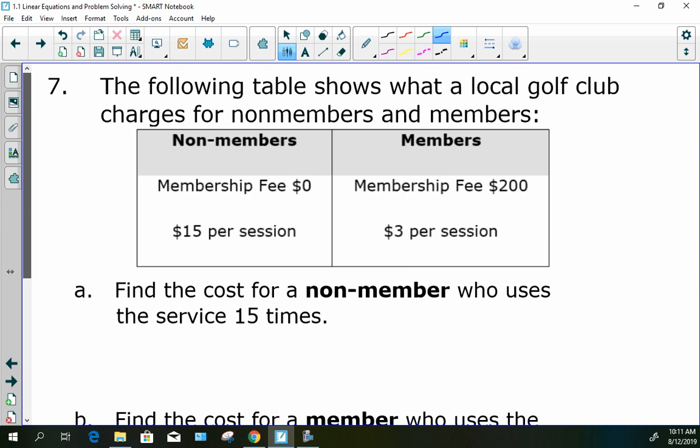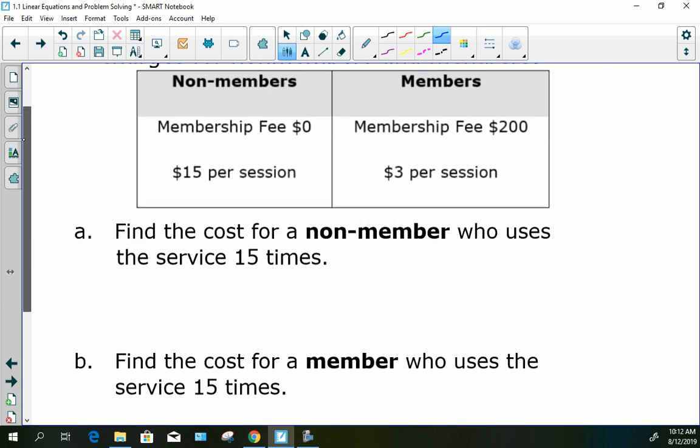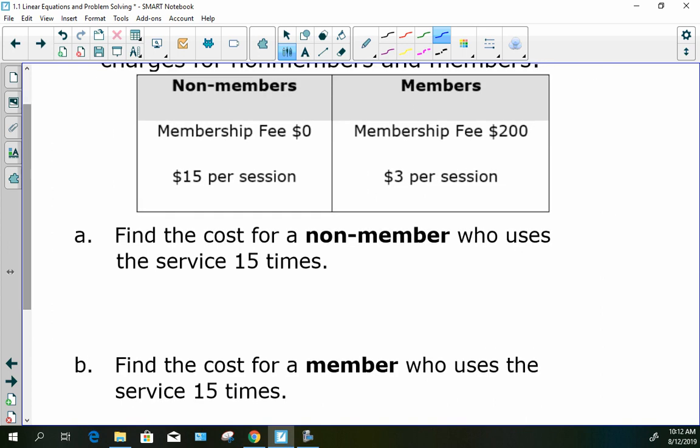Non-members of a local golf club pay no fee and $15 per session. Members pay a $200 fee plus $3 per session. So you need to find the cost for a non-member who uses the service 15 times. Well, let's see. How much does it cost every single time they go? $15.